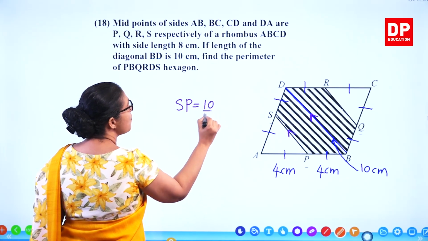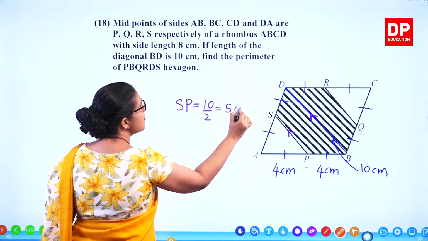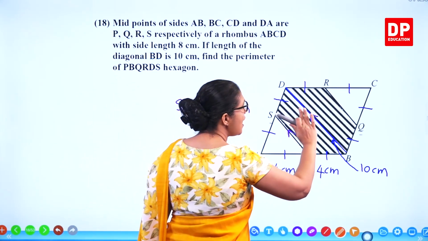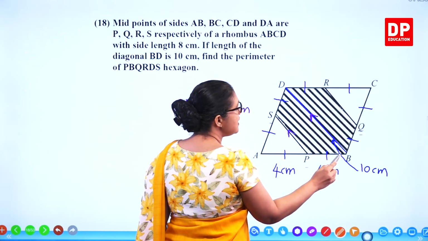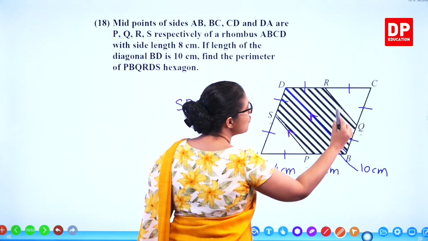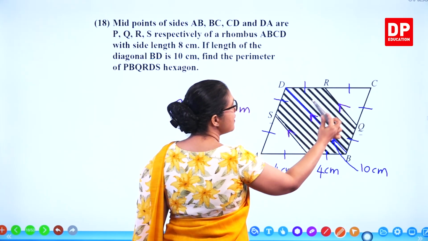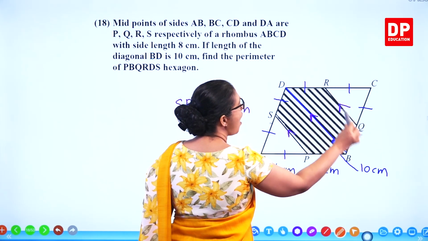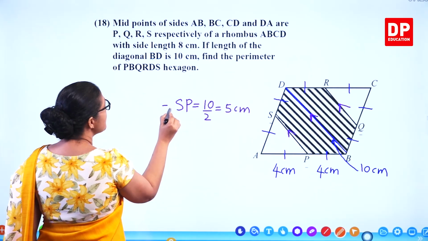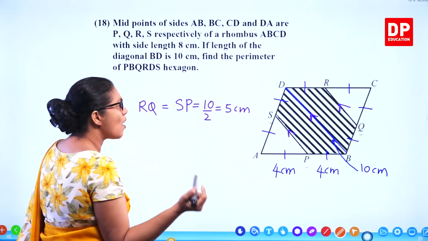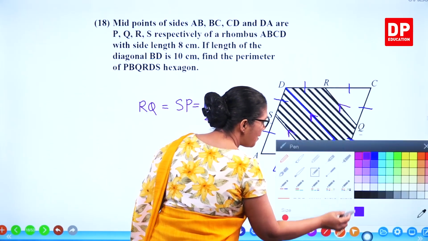So 10 divided by 2, 5 centimeters. You can apply the same thing for the other side. When you take triangle CDB, these two lines are parallel, and if this is 10, RQ also becomes the same length. That's 5 centimeters. Now easily we can find out the perimeter.